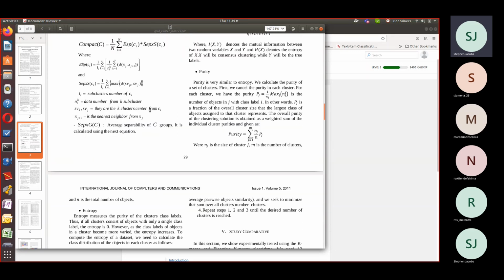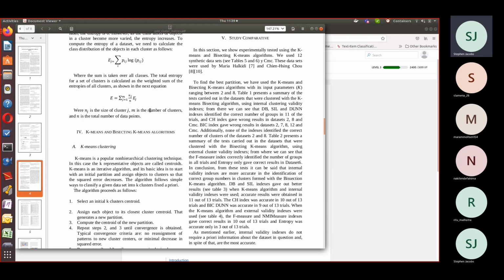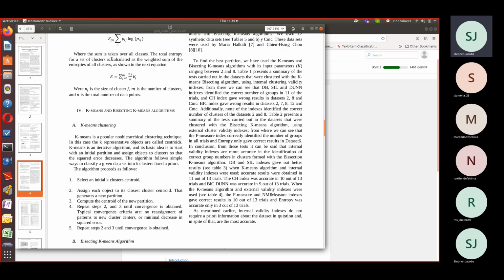And purity, which is something I'm looking at the moment for my work, is another external measure, basically comparing what you predict to what the ground truth is, but in a formula. So this is all real. And k-means clustering is one good method of clustering data.